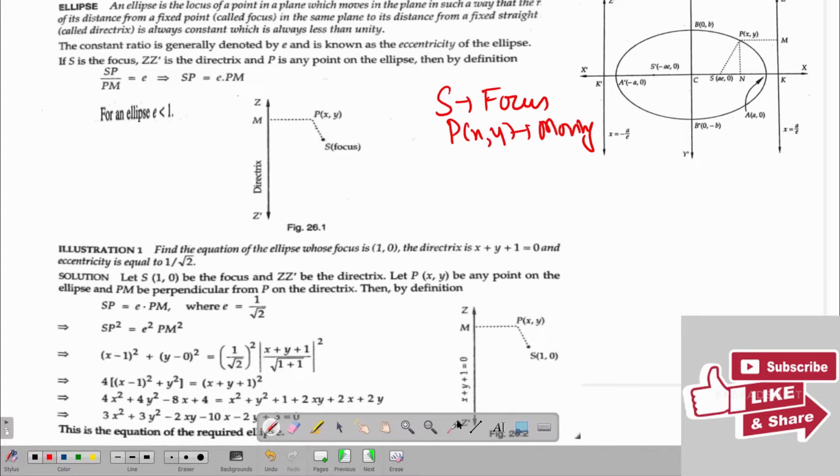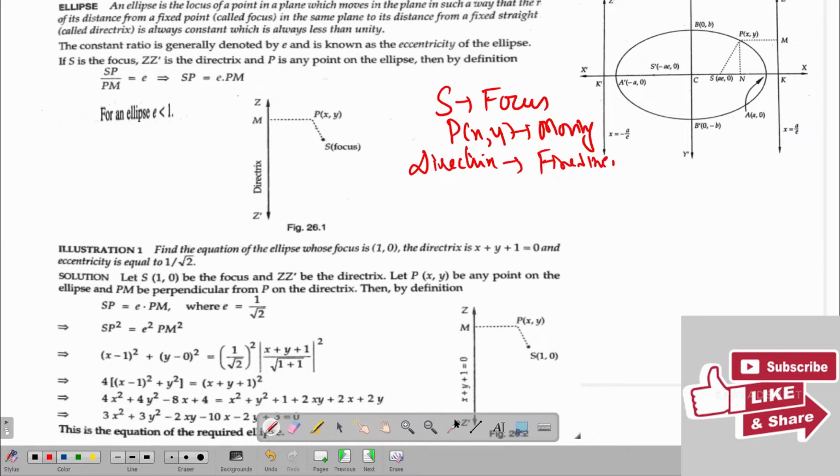And according to the definition, the ellipse is the locus of point P, which moves in such a way that the distance of this point from the focus, so this is SP in the diagram, the distance between the focus and a moving point. And there is a straight line which is known as the fixed line, the directrix. So this is the fixed line.